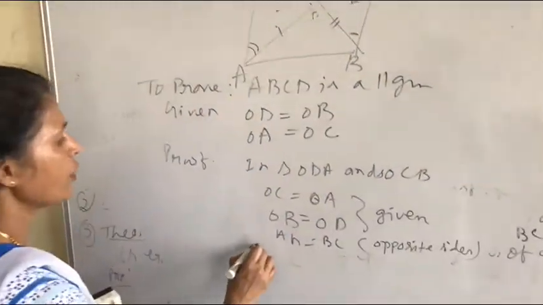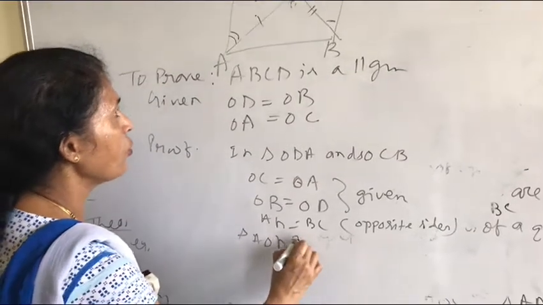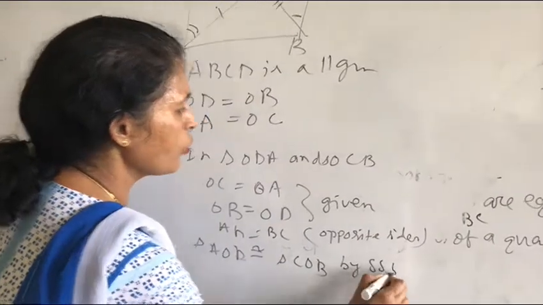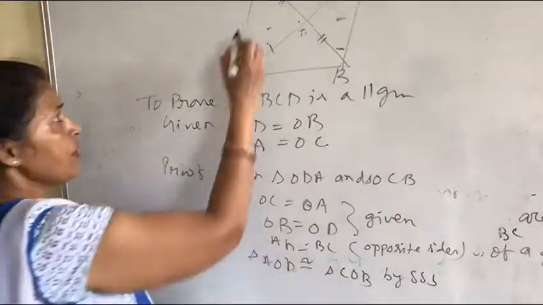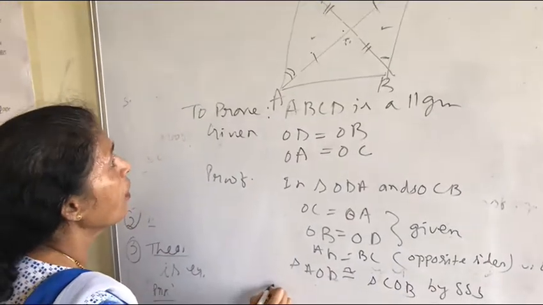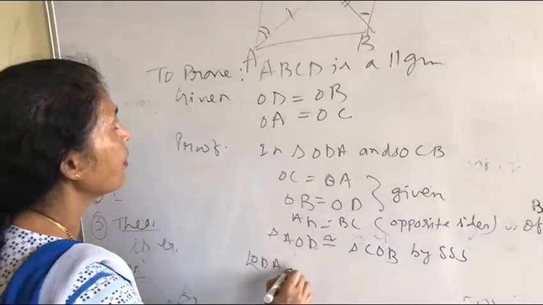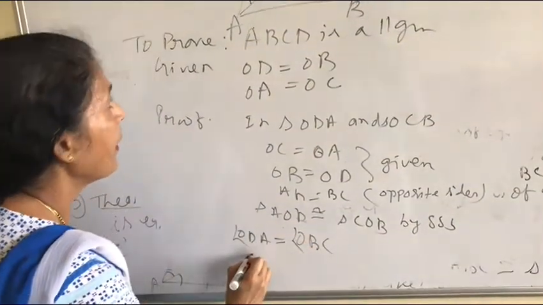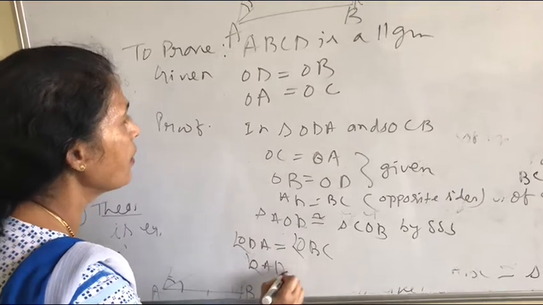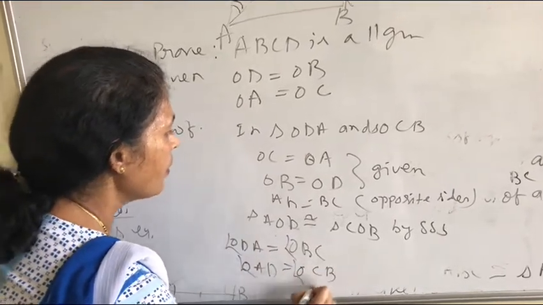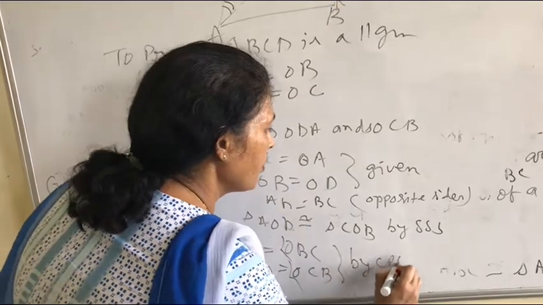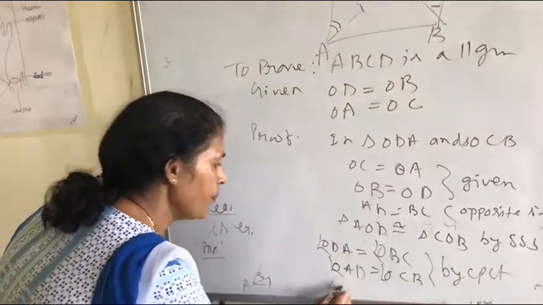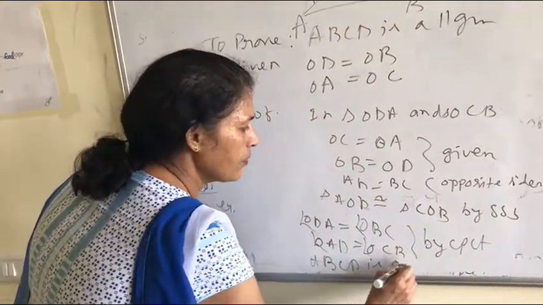So triangle AOD is congruent to triangle COB by SSS congruence condition you have to prove. Then by CPCT, angle ODA is equal to angle OBC and angle OAD is equal to angle OCB. So these are alternate interior angles, so ABCD is a parallelogram. Proved.